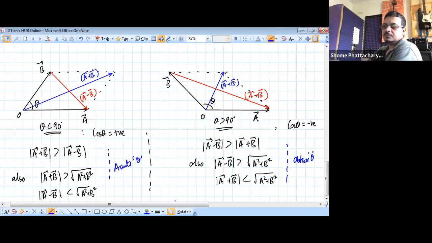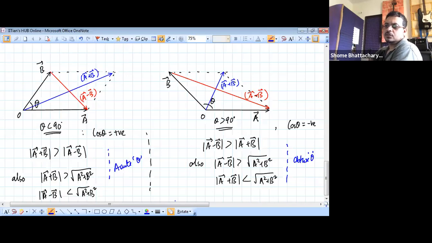Okay. Now this thing is very easy to understand just visually when you visualize the two types of parallelograms. One is the parallelogram where theta, the angle between A and B, is acute. So you can see the way the parallelogram is squeezed. The primary diagonal, the one which represents the sum, that is the longer diagonal, and the secondary one, which is head to head, that is the shorter one.